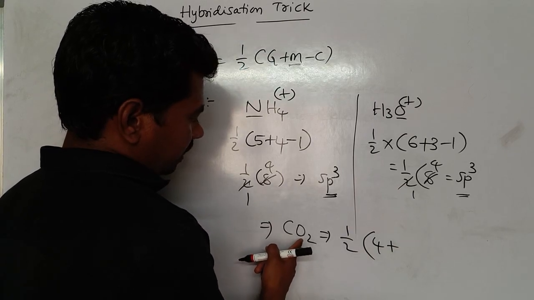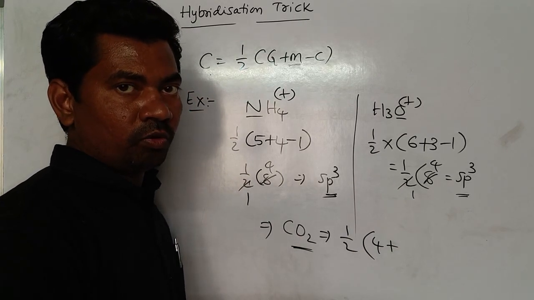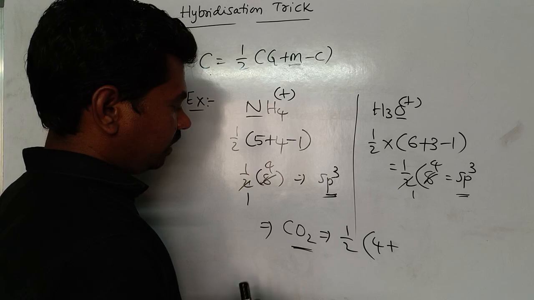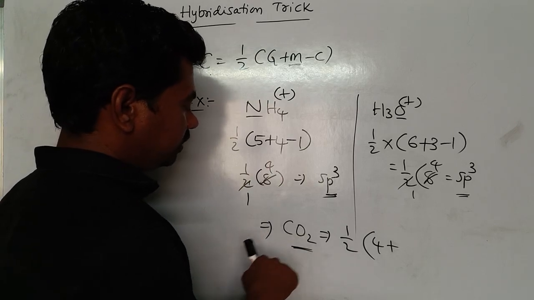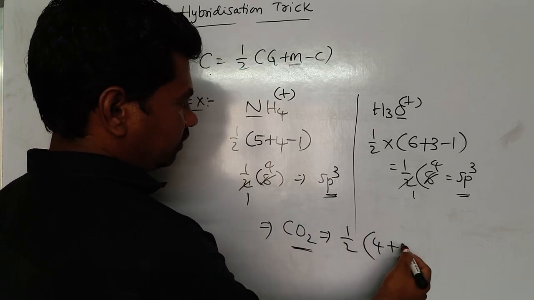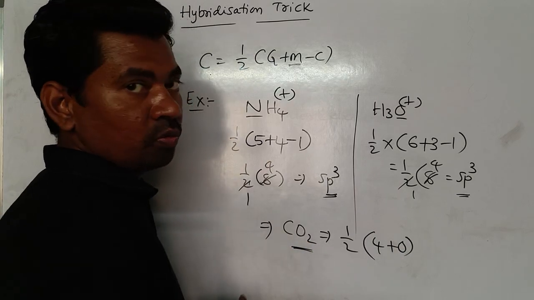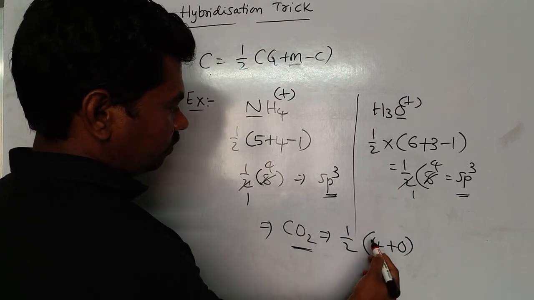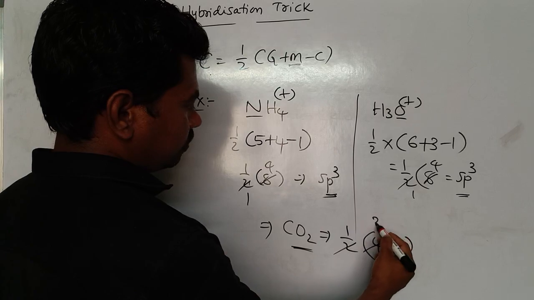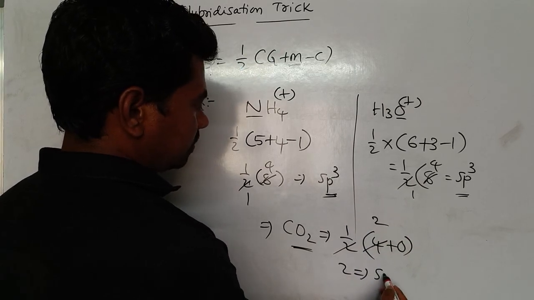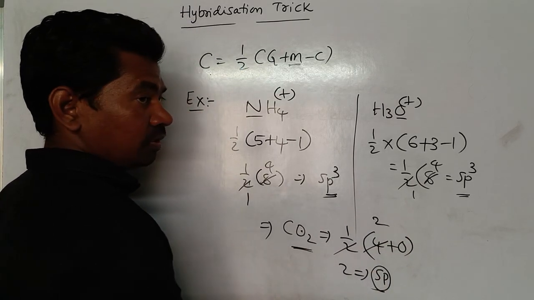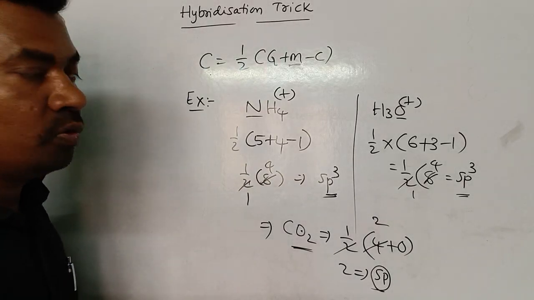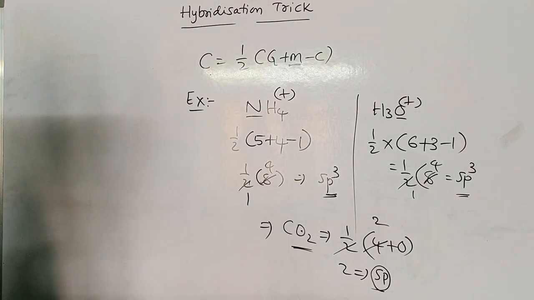But here oxygen is bivalent, not monovalent. So because it is bivalent, we do not need to take it. Here we need to take 0 only, because there is no monovalent element. So 1 by 2, 4. So 2 ones, 2 2. So 2 means sp hybridization is present in carbon dioxide. Only monovalent elements we need to take.